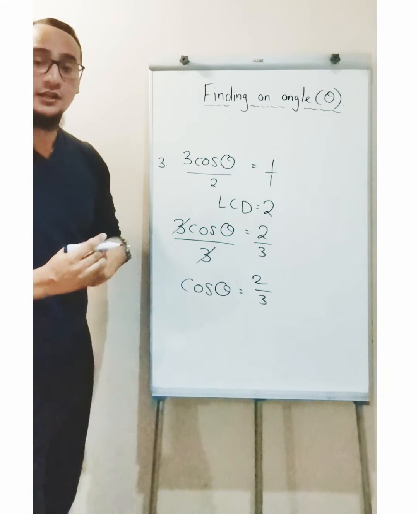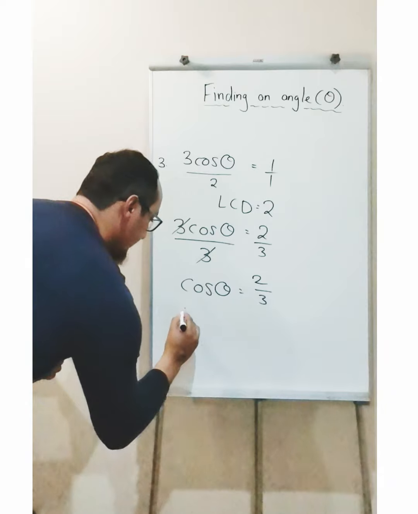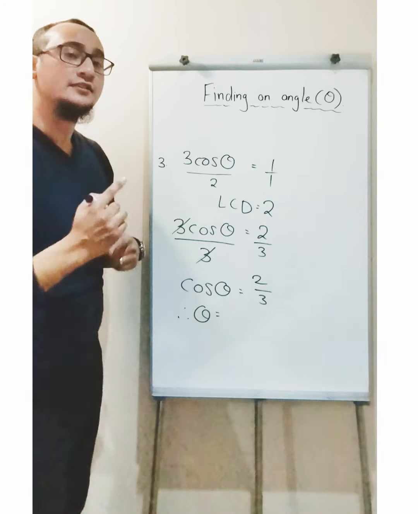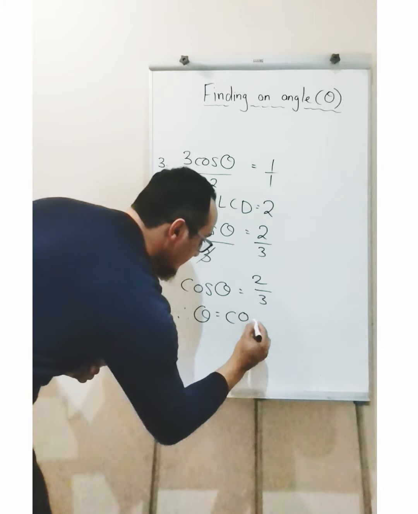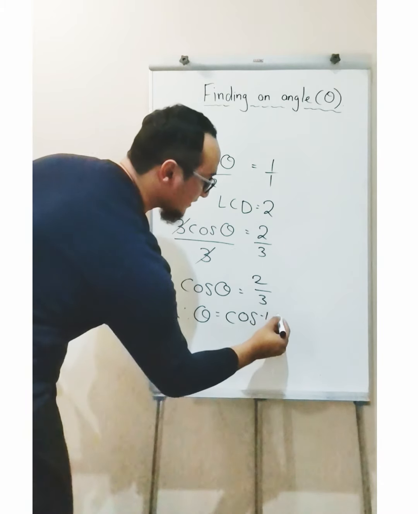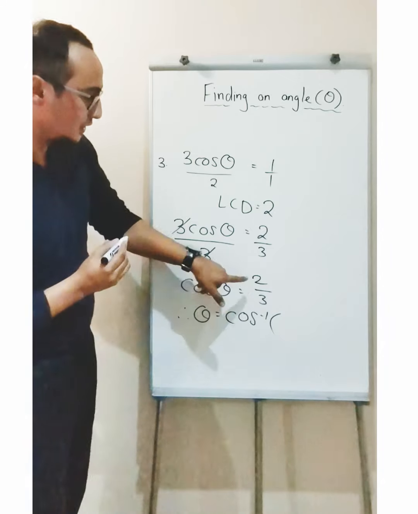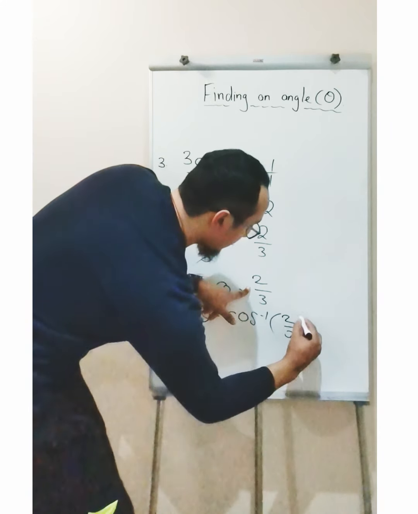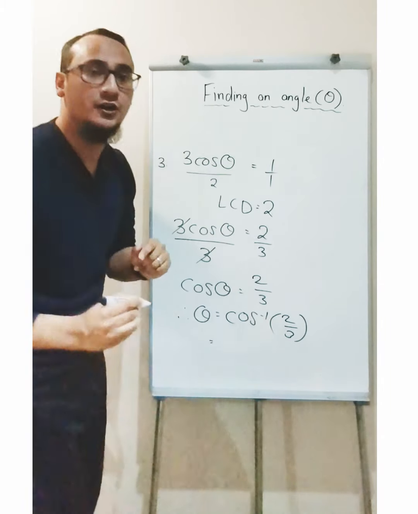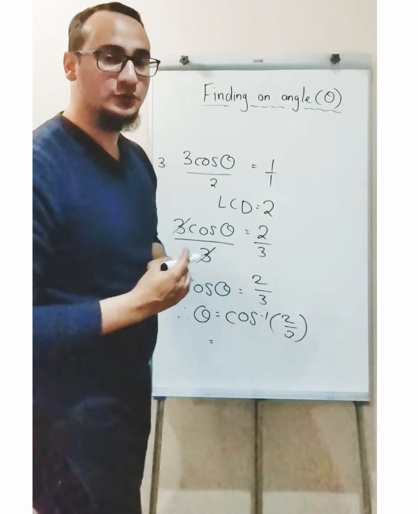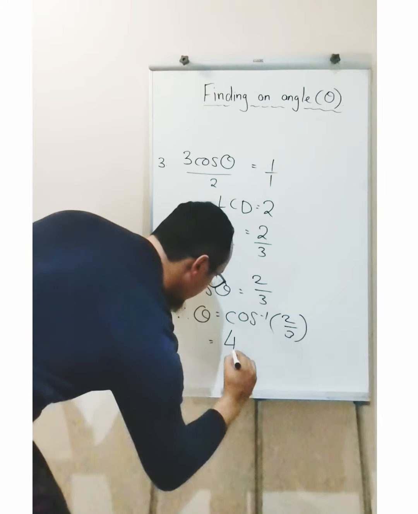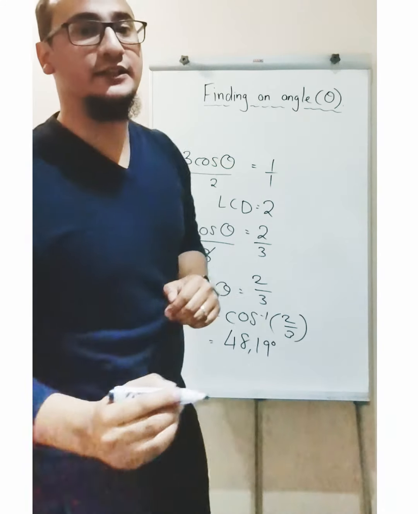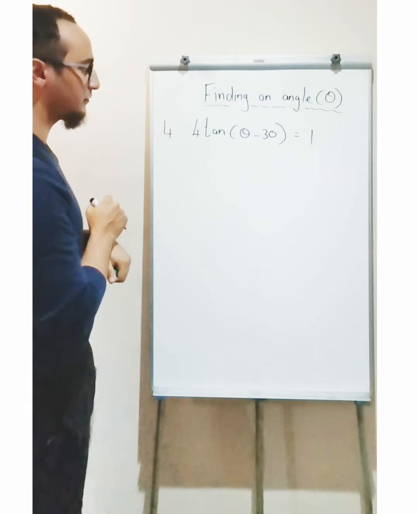What can I do now? The inverse operation. So therefore, to finish my sum off, theta is equal to the second function of cos. What would happen if I type that in? The bracket pops up. What do I write in the bracket? 2 over 3. And my answer is theta is going to be equal to 48,19 degrees. Example number 4.